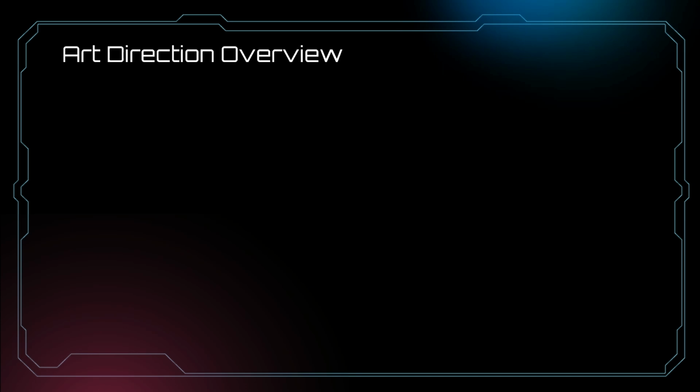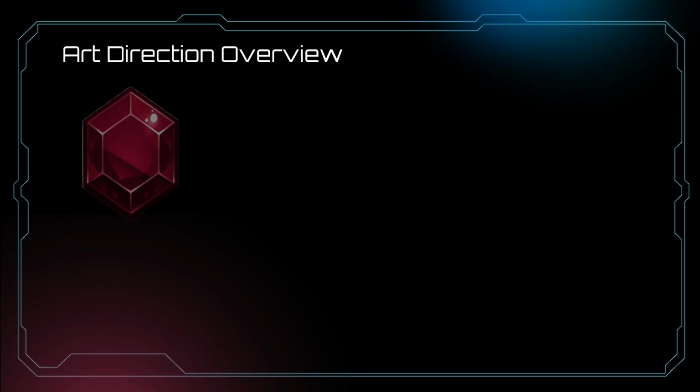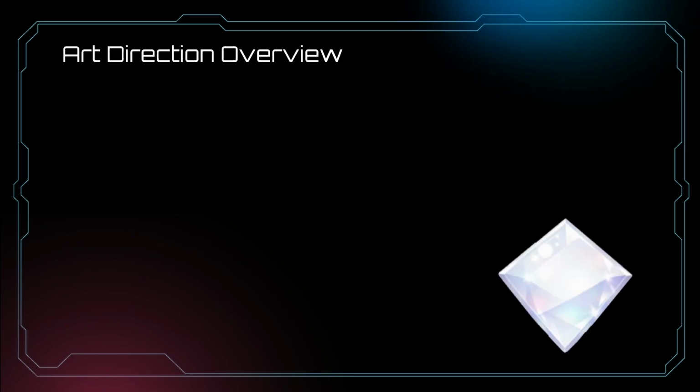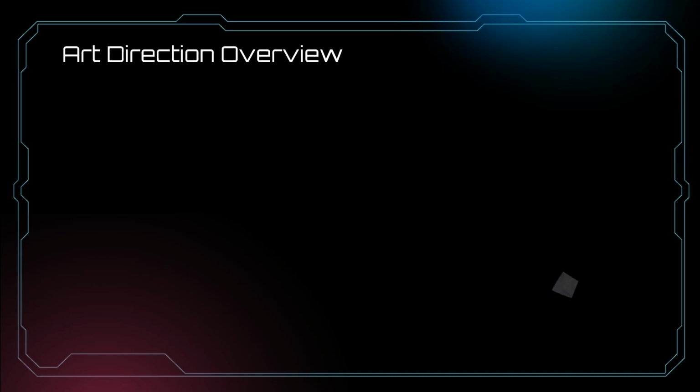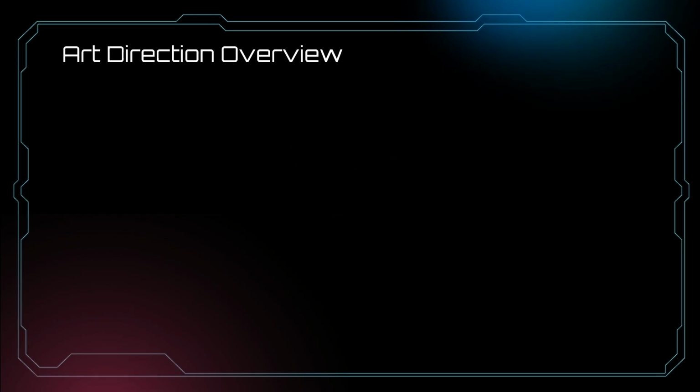When I started designing Crimson Crush, I knew I wanted a visual style that felt energetic and modern, but also structured enough to support a puzzle-based game. There's a tech influence to give the game a sense of vibrancy and motion, while the astronomy theme ties directly into the gem system. Each gem feels like a small celestial object with its own identity.